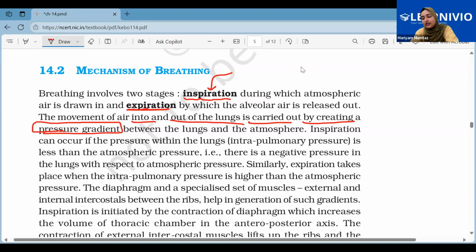What do you understand by the word gradient? Nothing. You don't understand anything. No, it's my first time hearing it. First time hearing it. Okay.